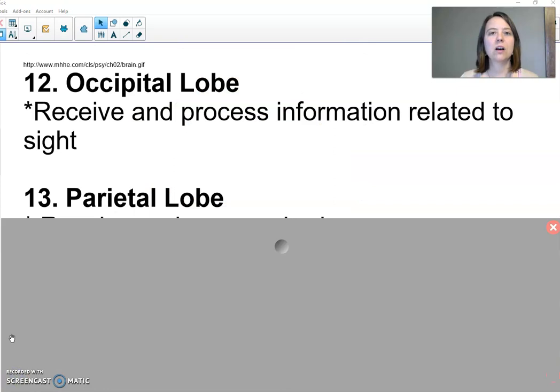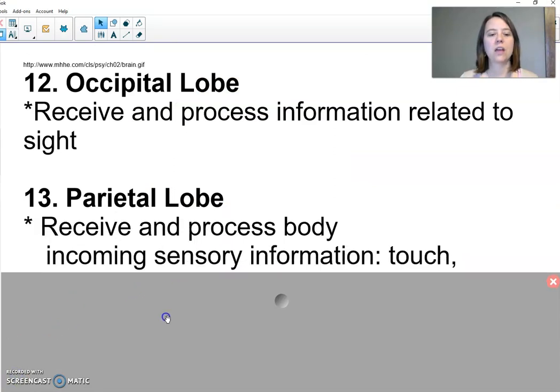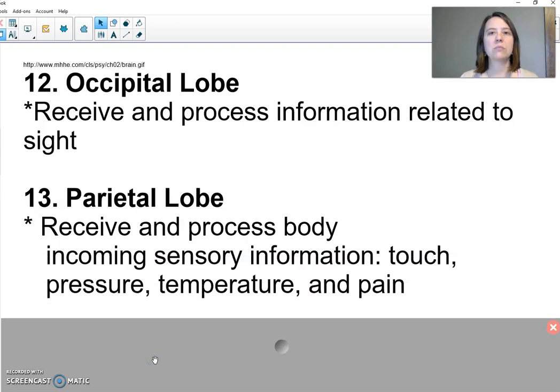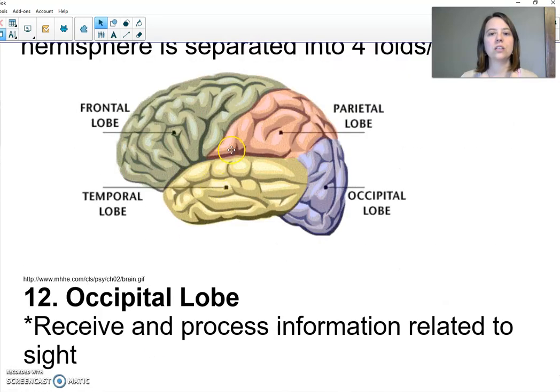The second lobe of the cerebral cortex we're going to talk about is the parietal lobe, and that receives and processes body information. So incoming sensory information about where your body is and what it's feeling, touch, pressure, temperature, and pain is going to be processed by the parietal lobe, which is up here, kind of in the top.